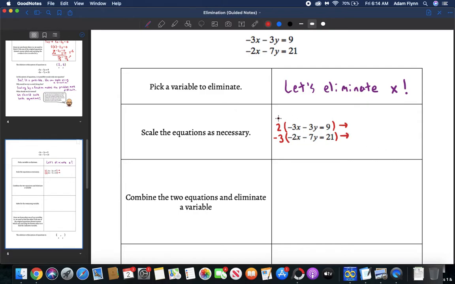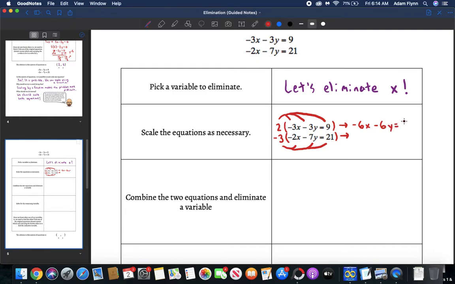If I do that, I distribute 2 to everything in parentheses, and then on the bottom distribute -3 to everything in parentheses. 2 times -3x is going to be -6x. 2 times -3y is going to be -6y.